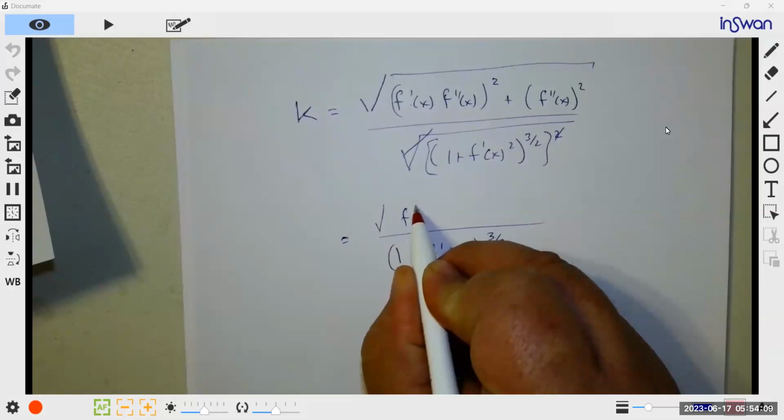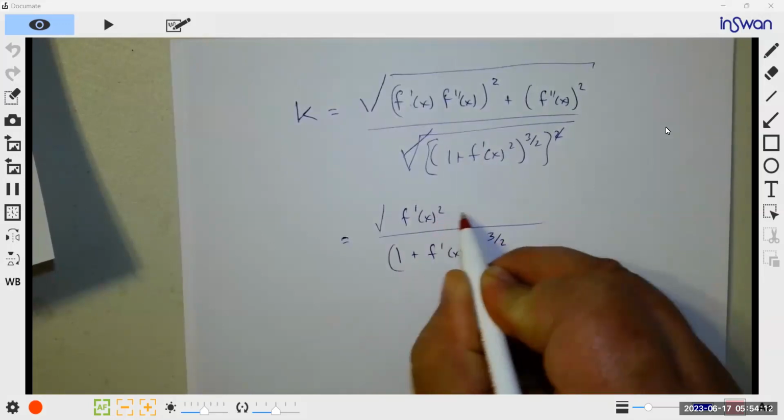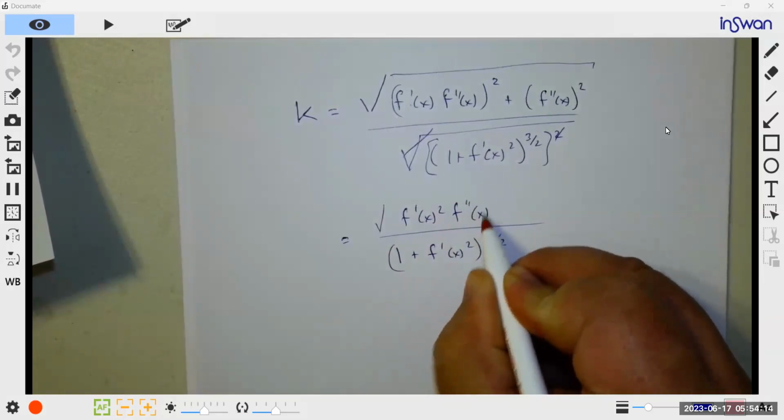So we have f prime of x squared, f double prime of x squared.